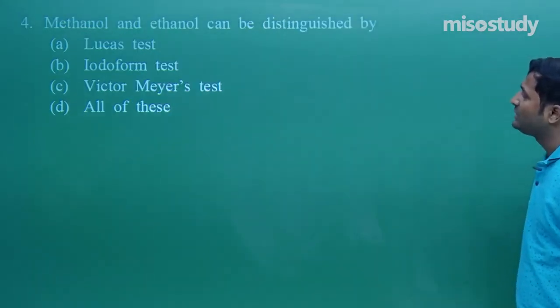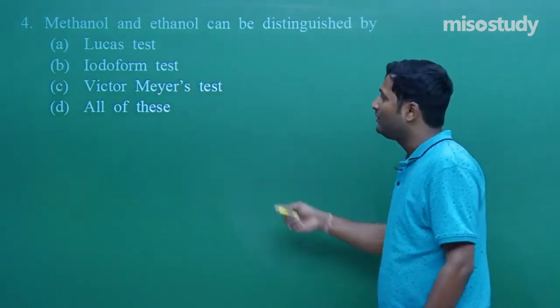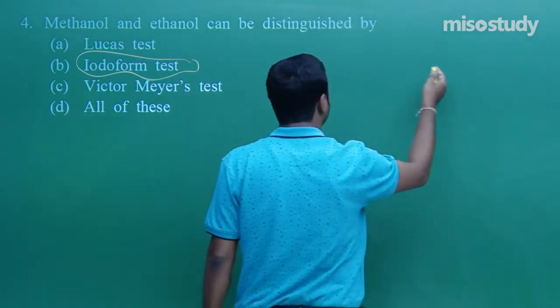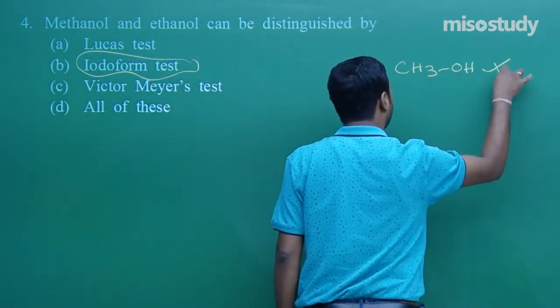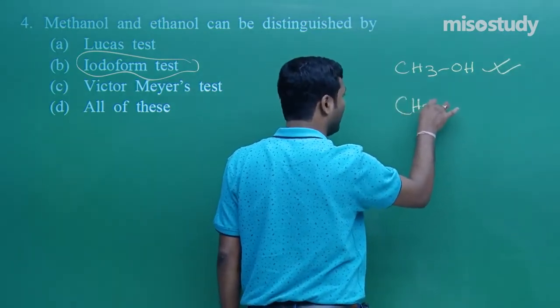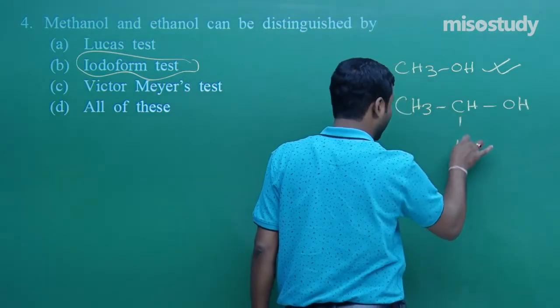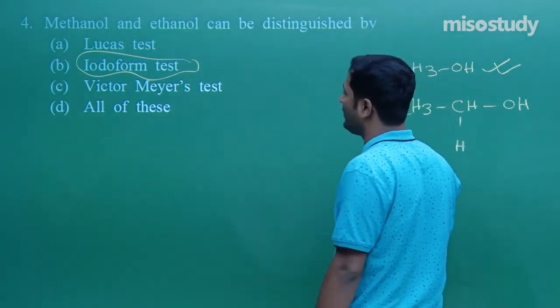Check it out. Methanol and ethanol can be distinguished by, we all know, the iodoform test. As we know, CH3OH does not perform the iodoform test, but ethyl alcohol, CH3CH2OH, has the CH3CHOH linkage.